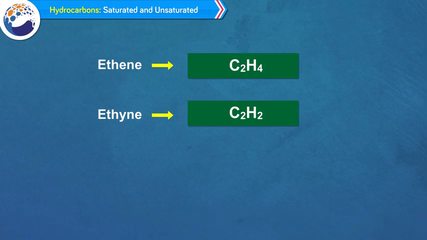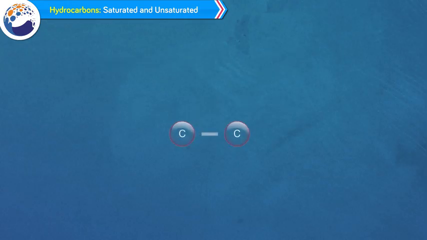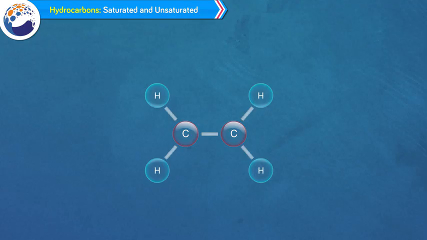Let us see the method to draw the structural formula of ethene, C2H4. Step 1. Join the 2 carbon atoms with a single bond, C-C. Step 2. Use the 4 hydrogen atoms in the molecular formula for satisfying the tetravalency of both the carbon atoms.